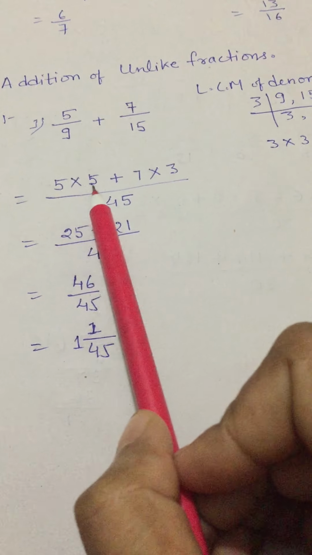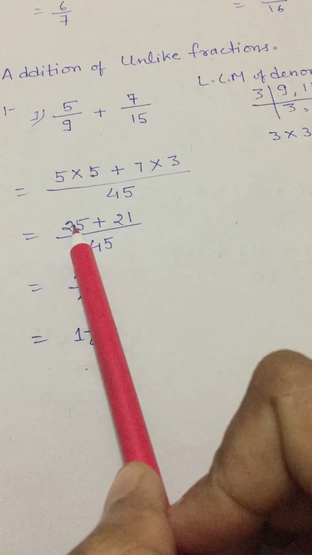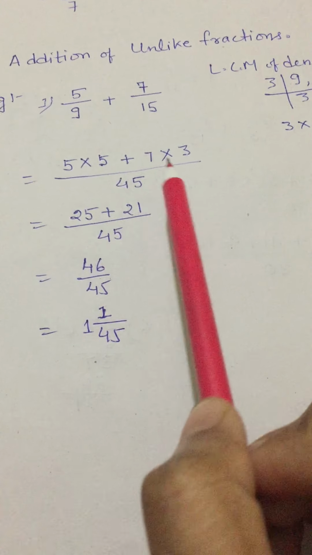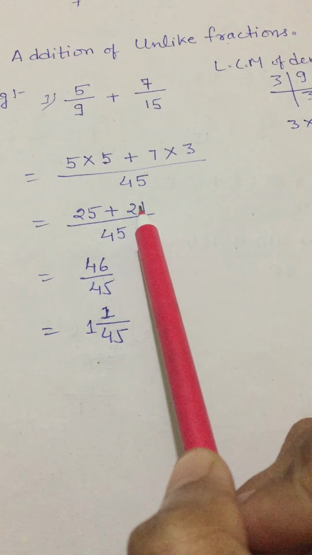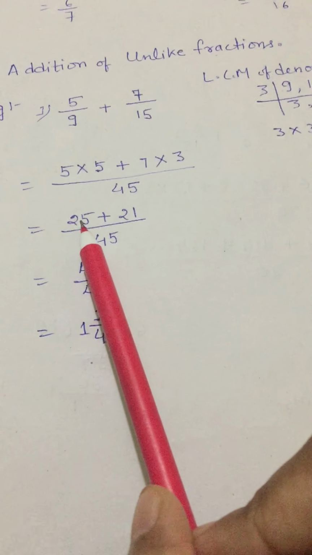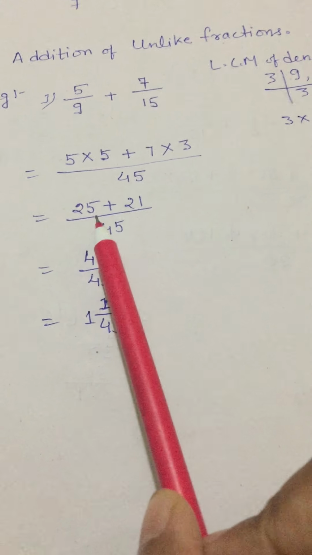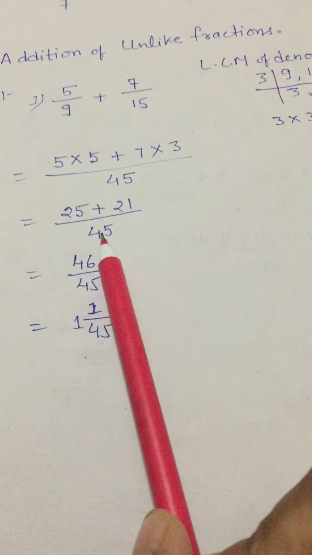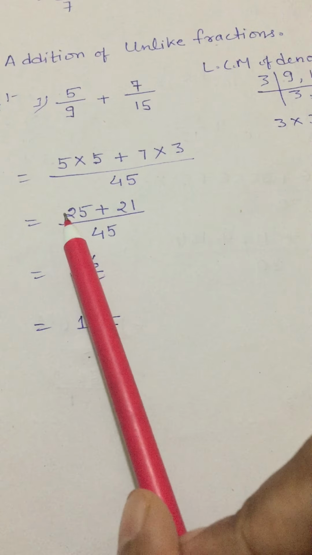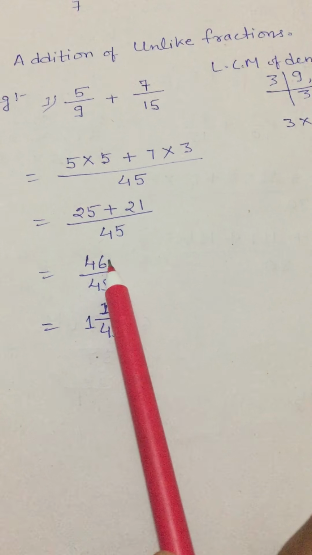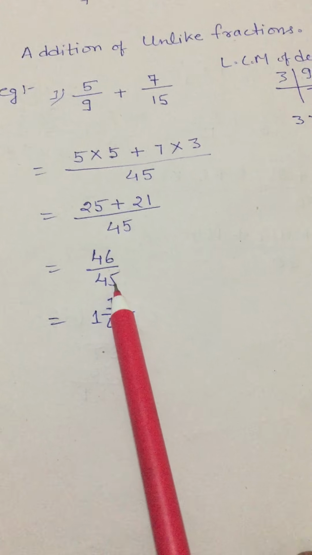Now we will multiply these two. 5 into 5, 25. Plus sign is here. 7 into 3, 21. Now we'll add these two numbers, 25 plus 21. Here denominator will be same, 45. So 25 plus 21, 46 by 45.